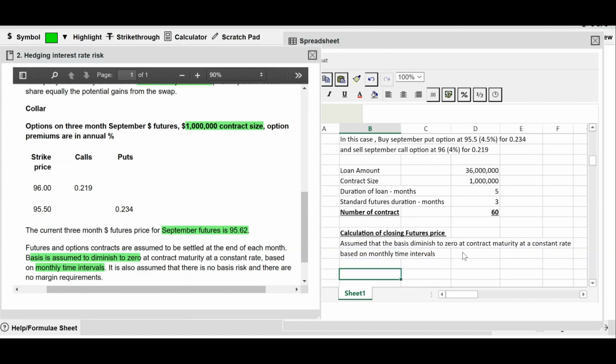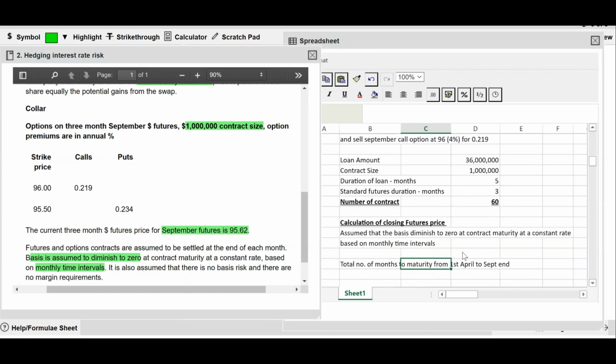So we've got to understand the total number of months to maturity from 1st April to September end. How much is it? 6 months.